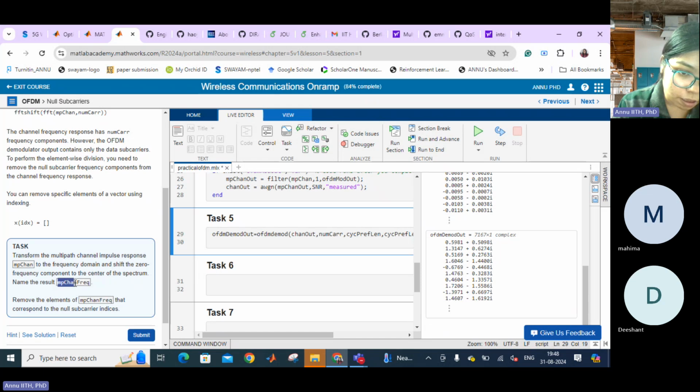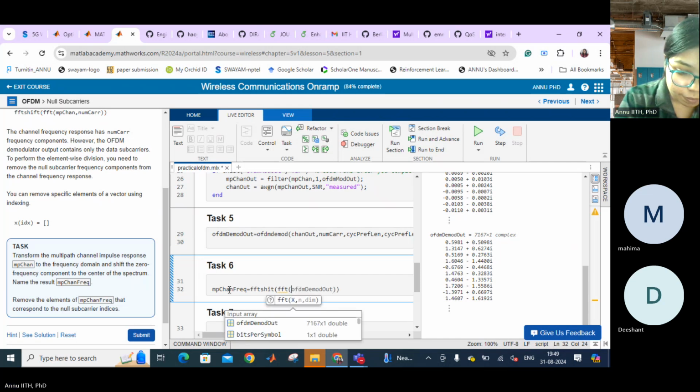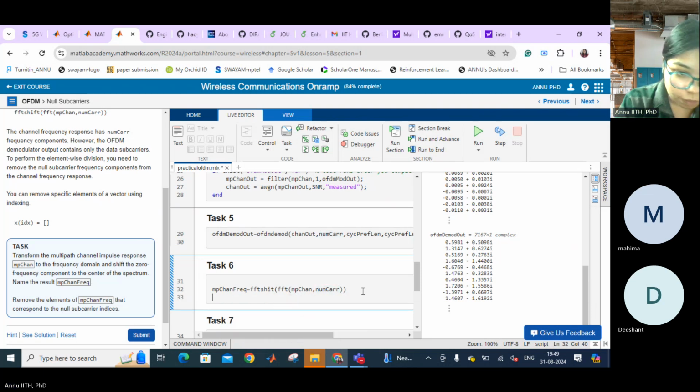We can use FFT shift, FFT, MP channel, number of carriers. Then MP channel frequency.